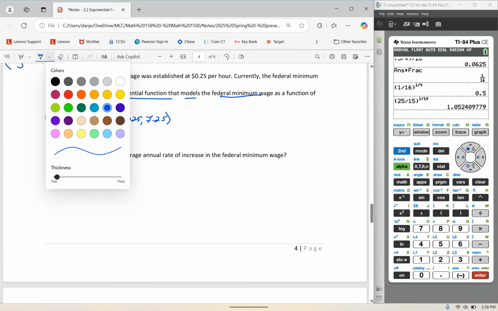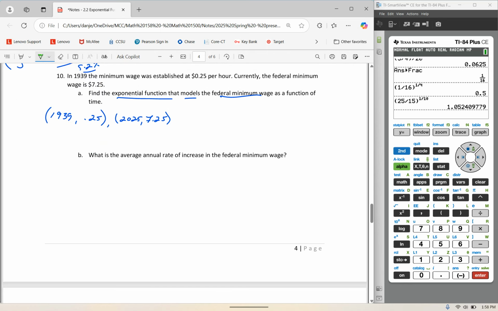Now, the first thing I want to do is I want to adjust those years. Rather than use 1939 and 2025 as my x values, I really don't need to find the minimum wage since year 0. We've done an adjustment like this before. X is the number of years since the year 2000.